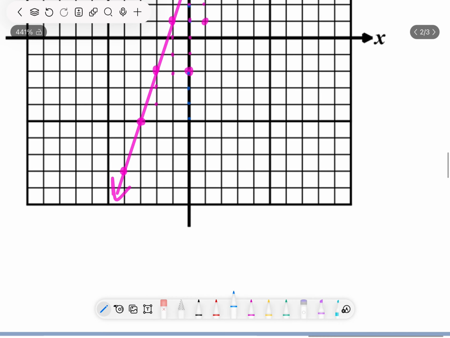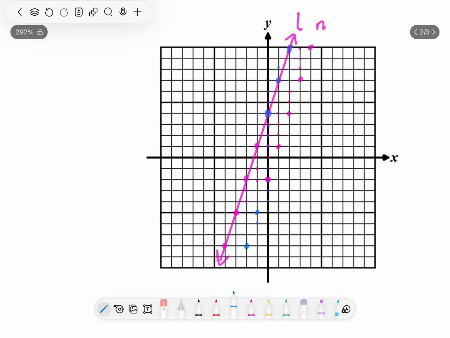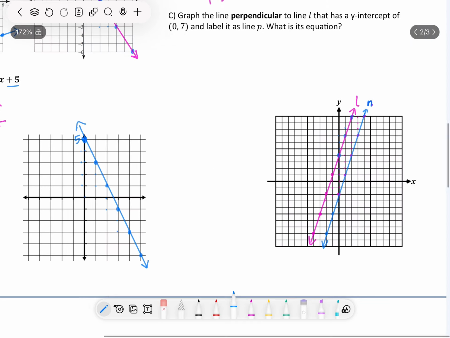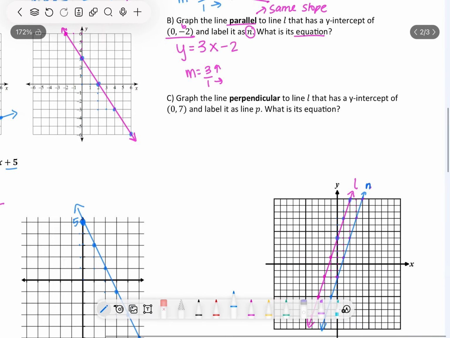So down 3, left 1, down 3, left 1. Now I'm just going to draw that line. And that is line N. Awesome. Okay. Notice that they do look parallel, right? Like they're never going to intersect, so that's good.